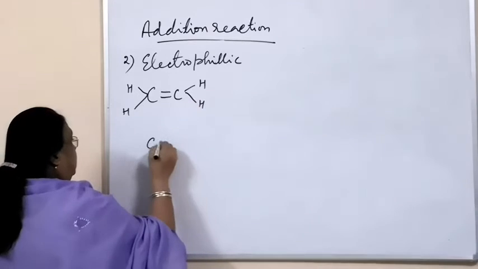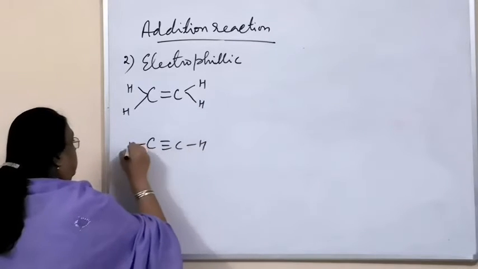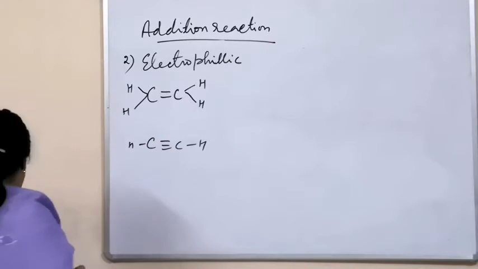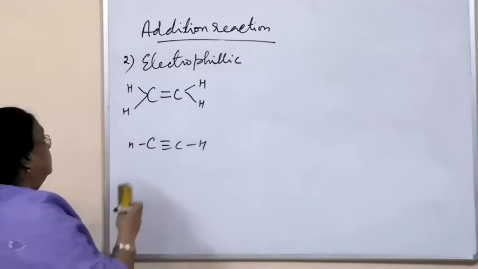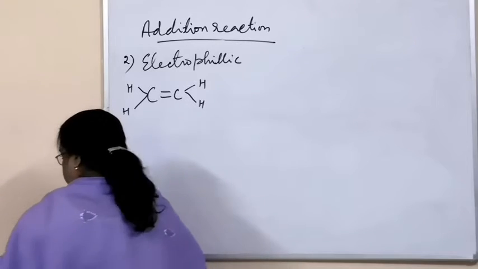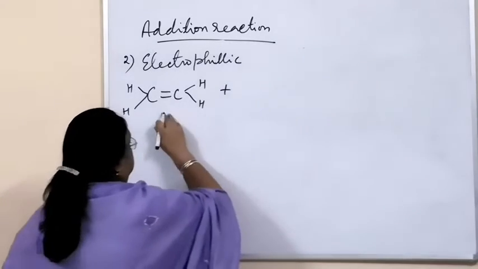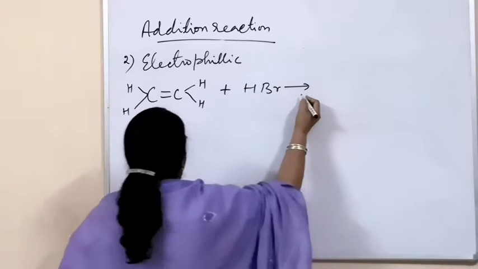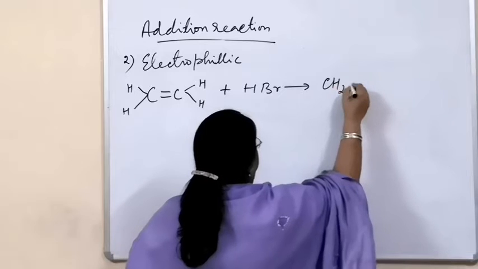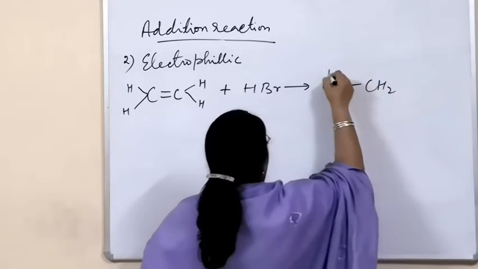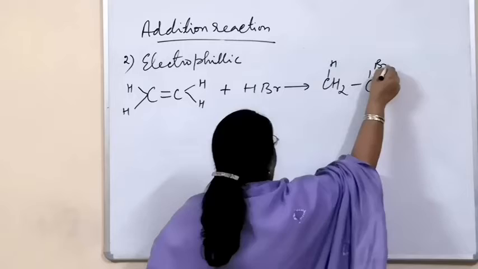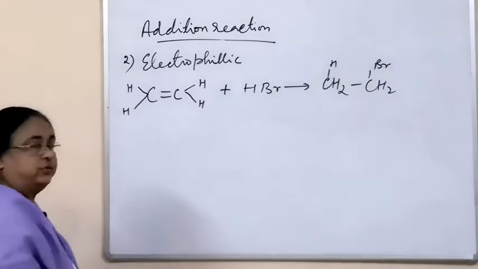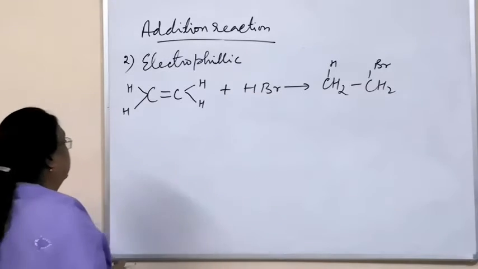Remember that in alkene and alkyne, the multiple bond is between similar atoms, so they undergo electrophilic addition reaction. When this substrate combines with HBr, you will have CH2, single bond, CH2, with H attached there and Br attached there, or maybe H or Br there. But for this you will have to see several examples of alkene.